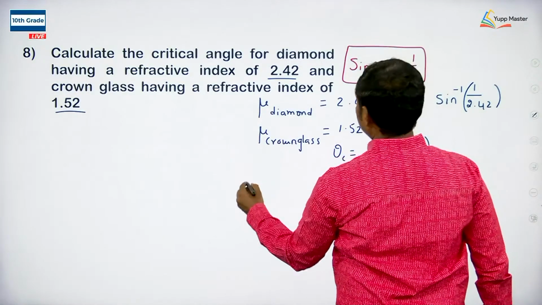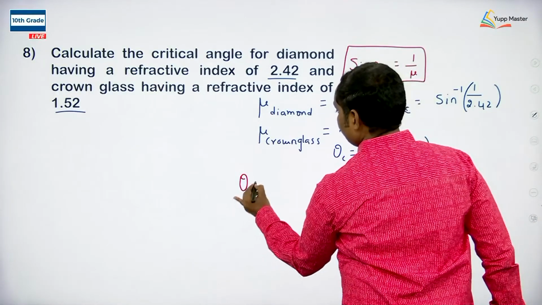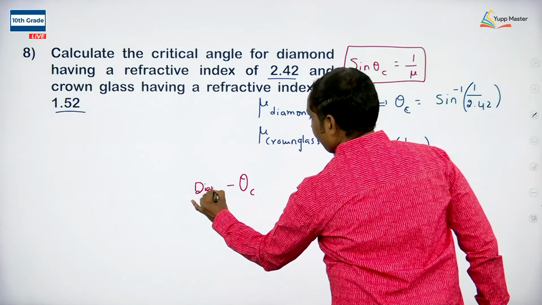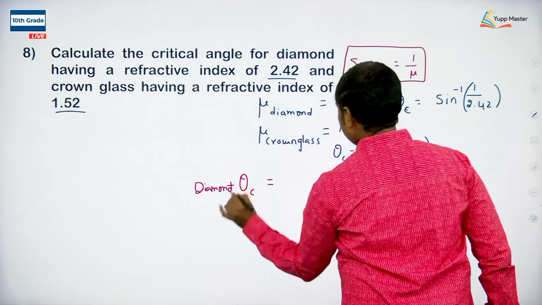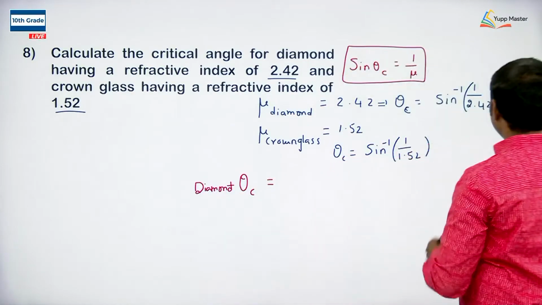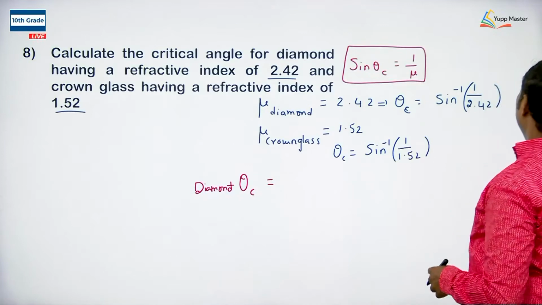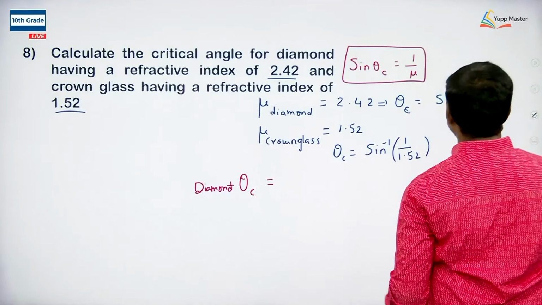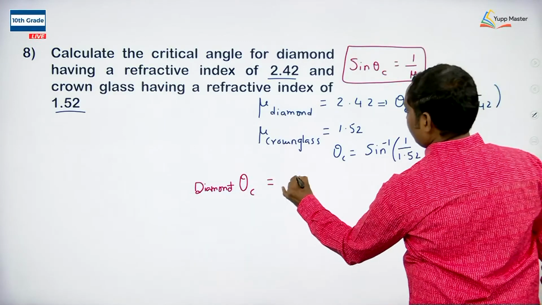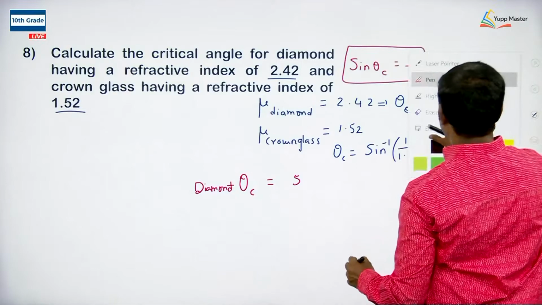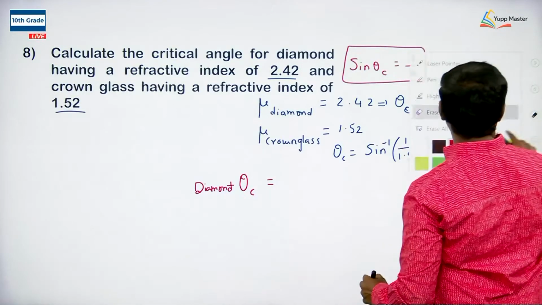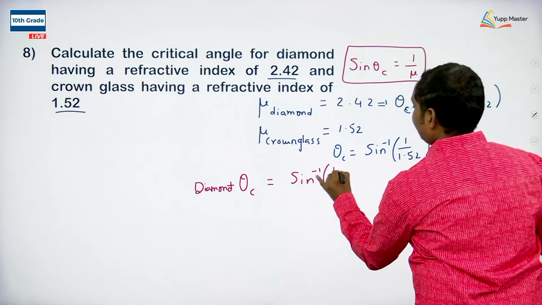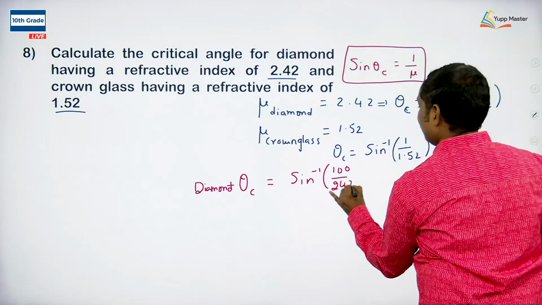In case of diamond, theta c for diamond is equal to sine inverse of 1 by 2.42, let us assume 100 by 242.